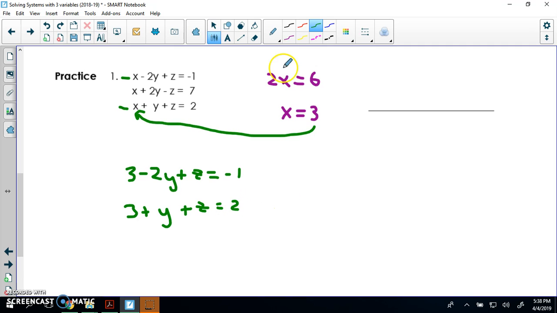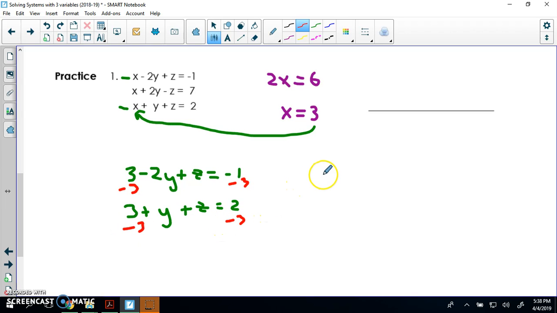Now, I'm going to do a move that might blow your minds, because I don't feel like writing this out a billion times. I like to get my y's and z's all by themselves, so I don't like these 3's sticking around out here in the front. So I'm going to subtract 3, -3, -3, -3.